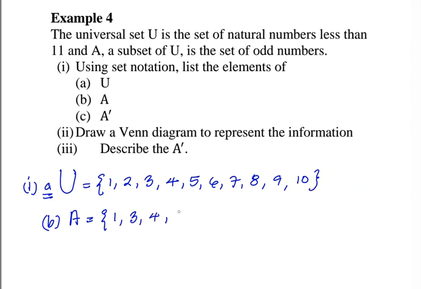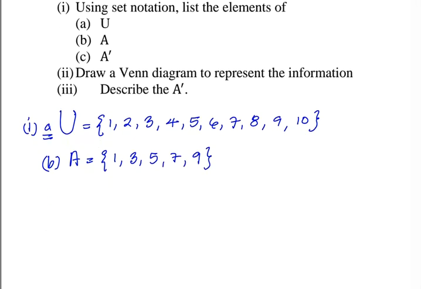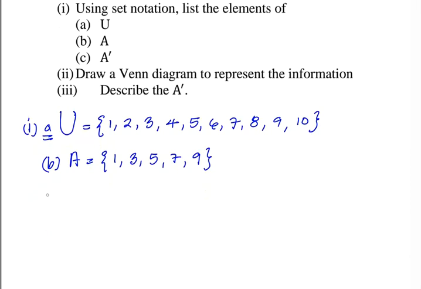4, 5. All right, on a roll here, making mistakes. 4 is not an odd number. 1, 3, 5, 7, and 9. All right, so next we are to list the elements of A complement.